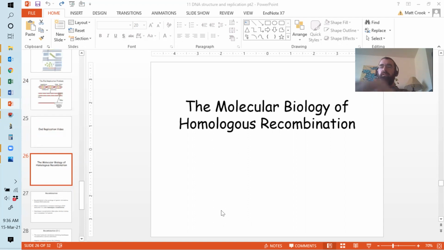Just as a reminder, a double-stranded break, or DSB, is where the backbones of both strands in a double helix are broken.